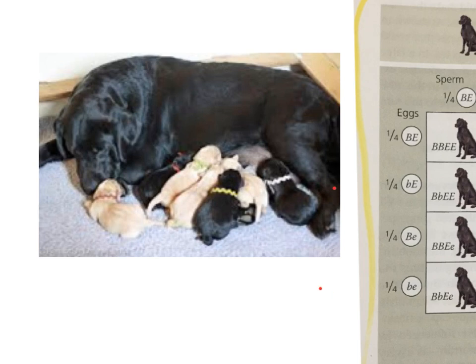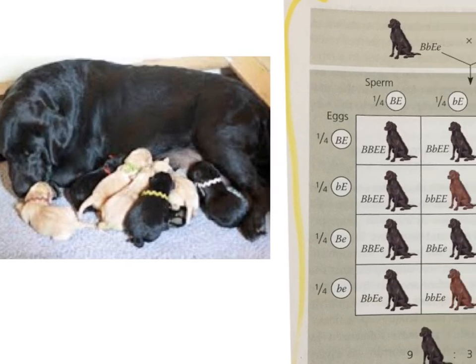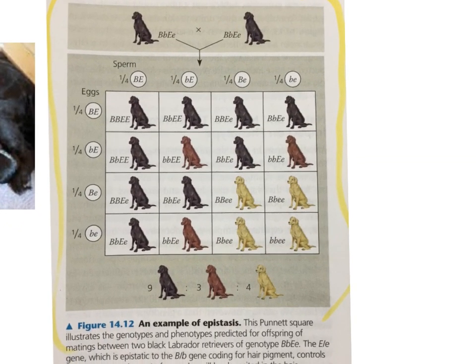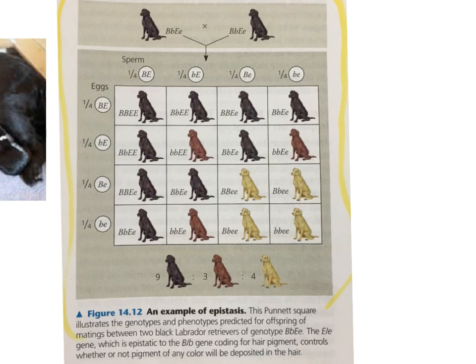Well, if you understand the nature of pedigrees and you understand some of the things that we've been talking about in this lesson, you can kind of begin to figure it out. Now, this problem is a little bit more complicated because color coat in labs has something called epistasis in it.